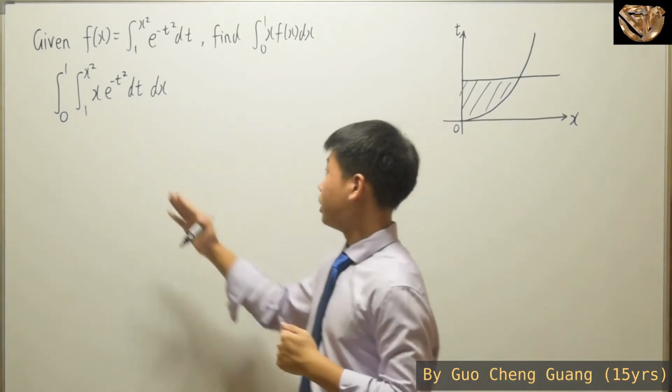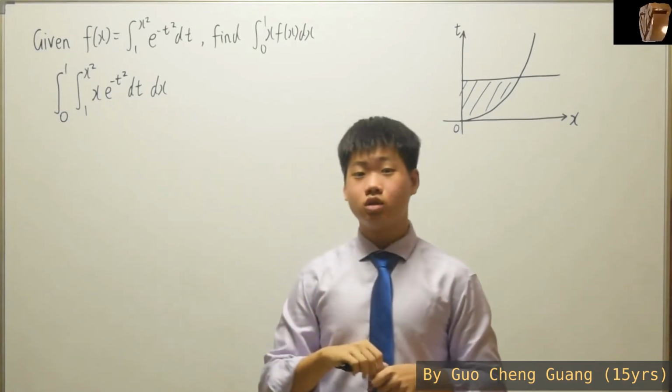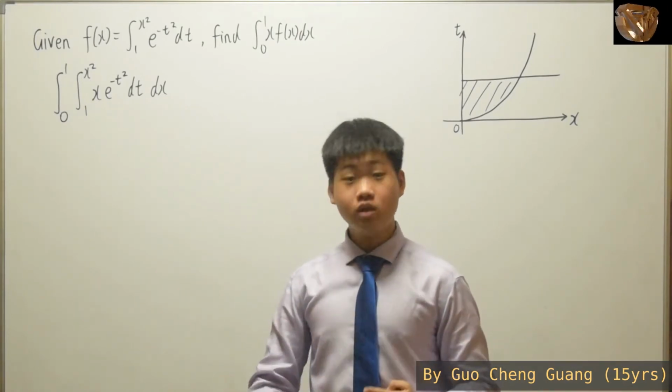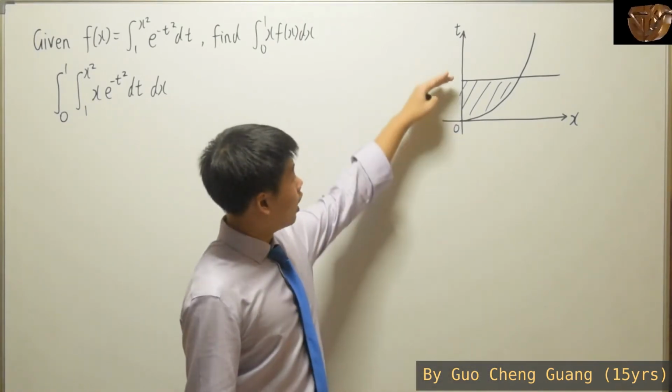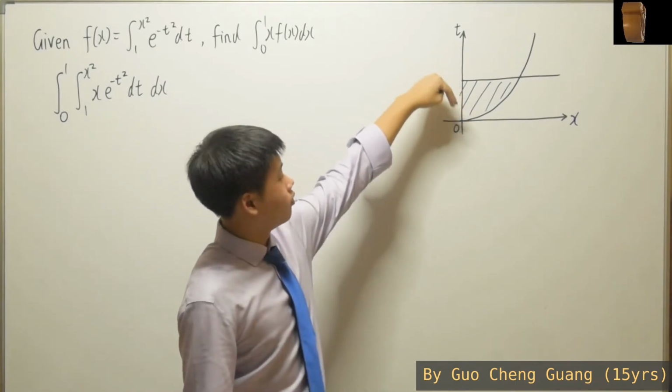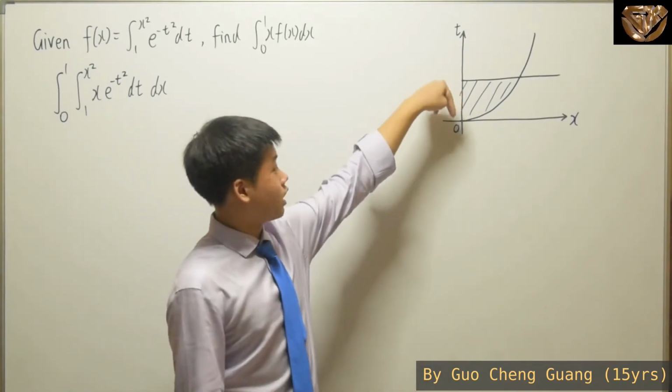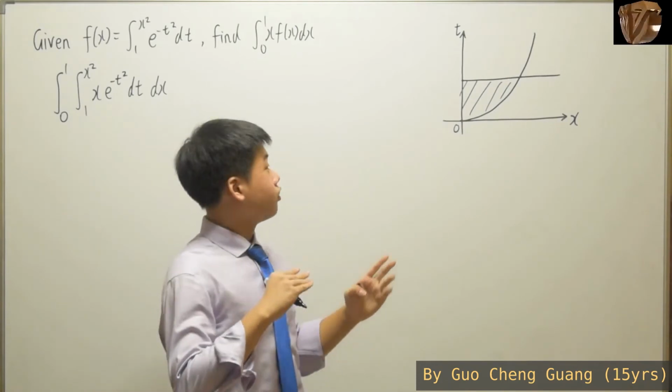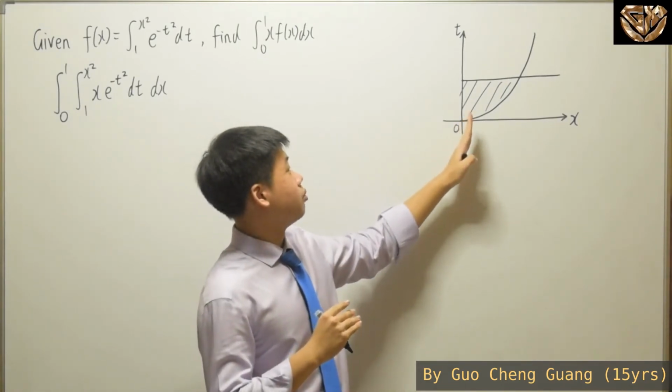Okay, so you might realize the limits are from 1 to x squared. When you have it in this direction, normally you would have it in a positive direction.